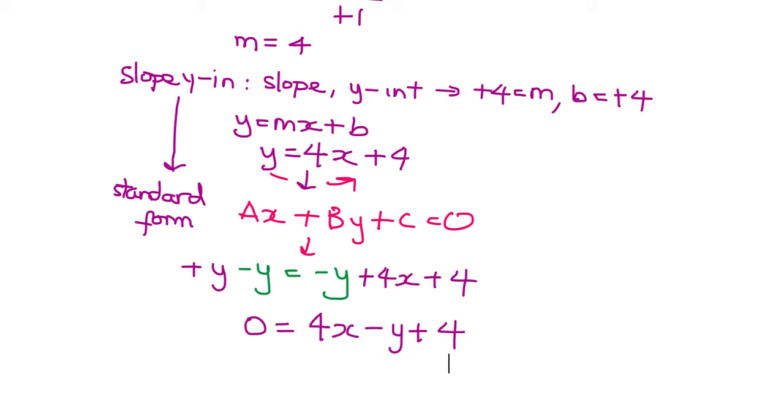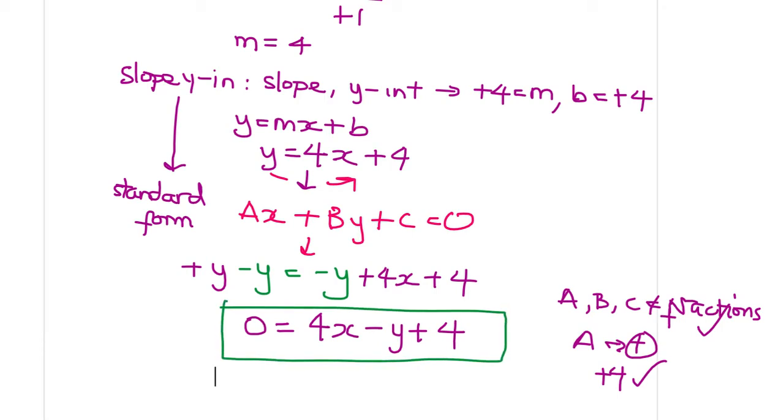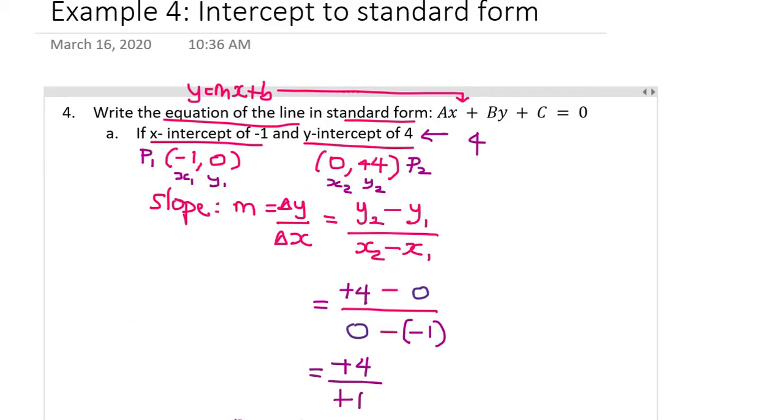And that is it, because we want our a, b and c to be non-fractions, and our a, which is the coefficient of x, is a positive value. That means 4 is positive, so we actually meet the criteria for determining the standard form of that particular equation. So that is actually it for this first example.